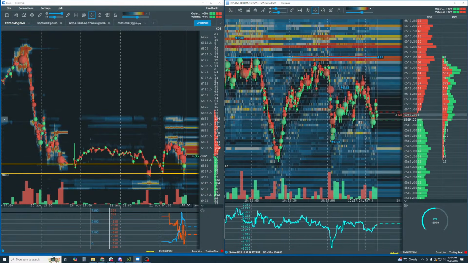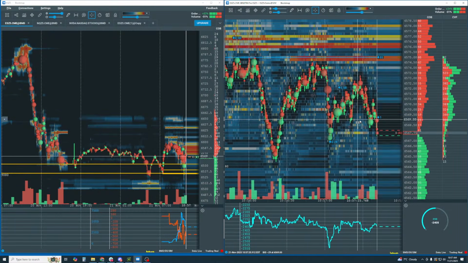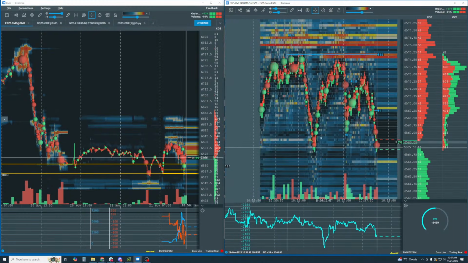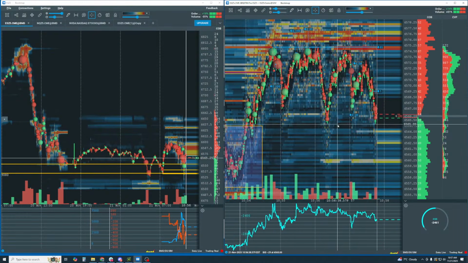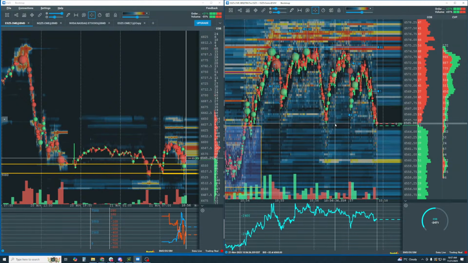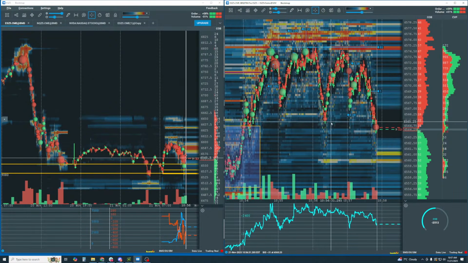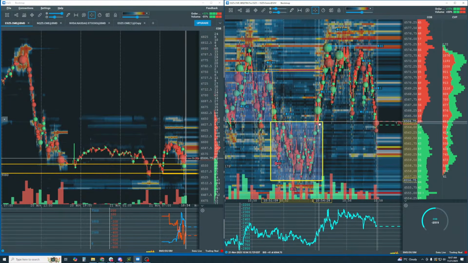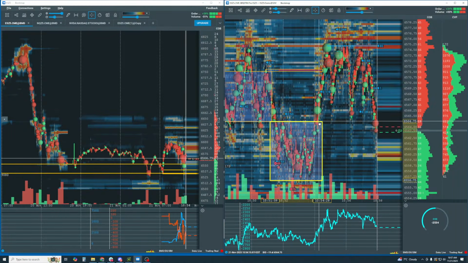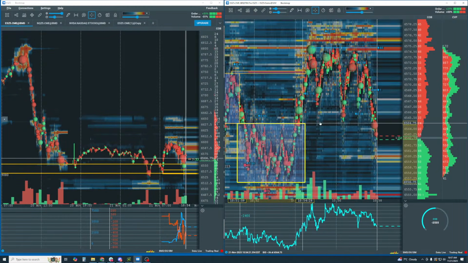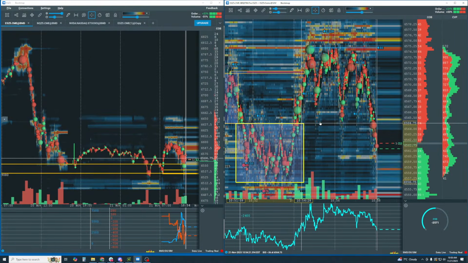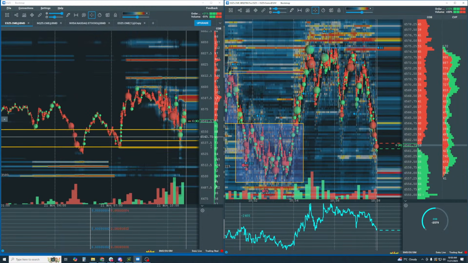Is that low enough there to find some buyers? Nope. Okay. Interesting. So no buyers. And sellers are going to run with it or not.